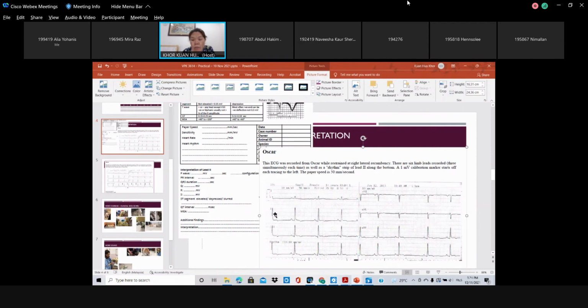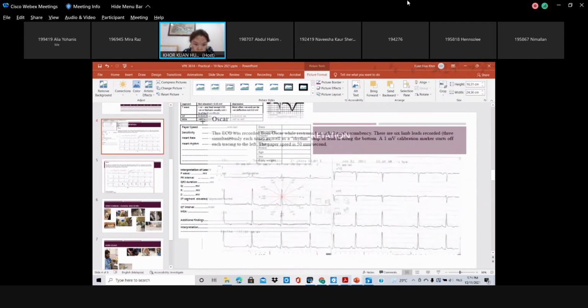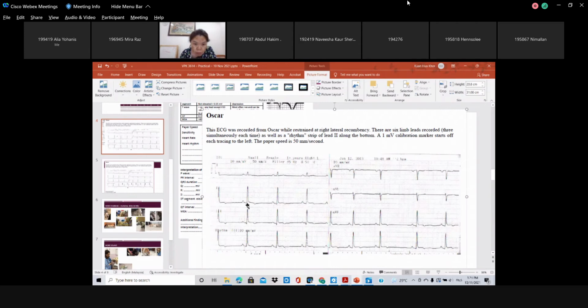Okay, PR interval. How many boxes do you think? The PR interval, from here to here. 2 boxes, doctor.